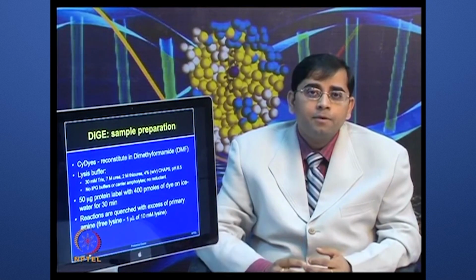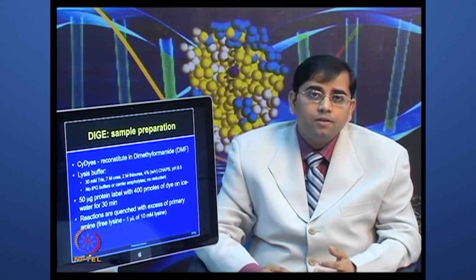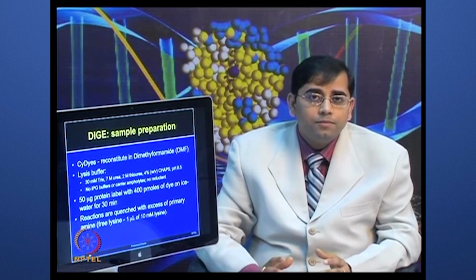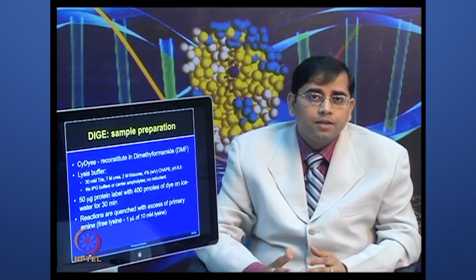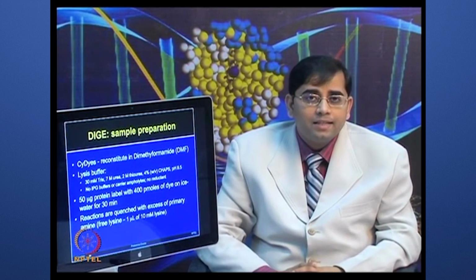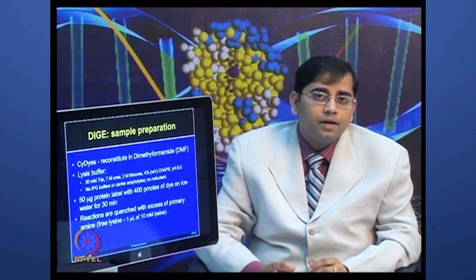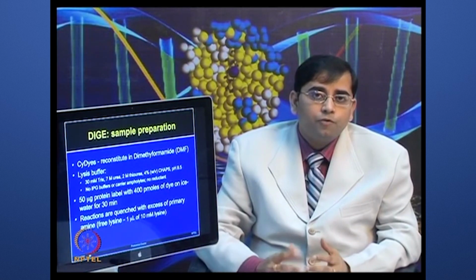If you go back and remember our previous discussion, to visualize a gel with the Coomassie stain, you need more protein. Even for silver and other stains, you need a good amount of protein, but these fluorescent dyes are very sensitive. So, you are looking for a very small amount of protein, and 50 microgram is sufficient for performing this experiment.